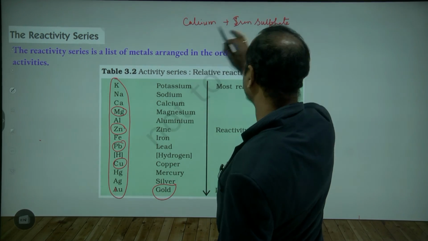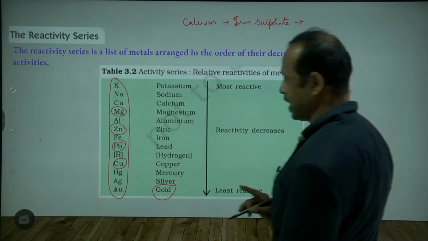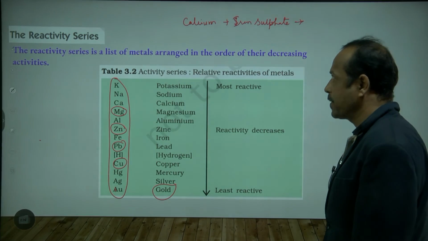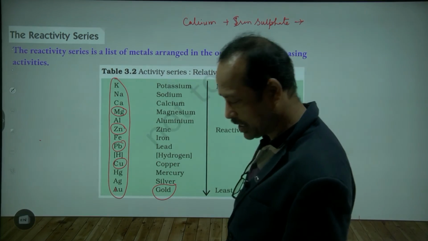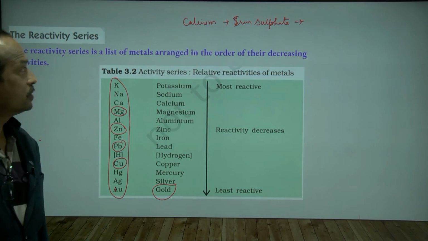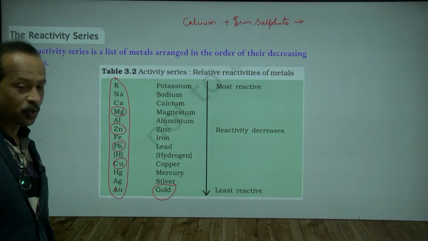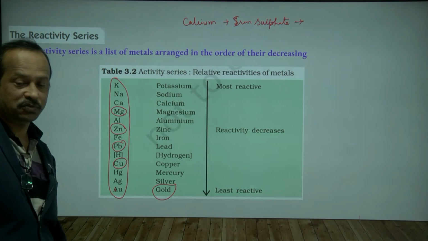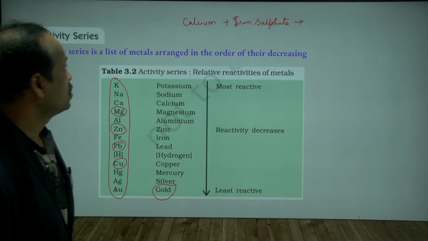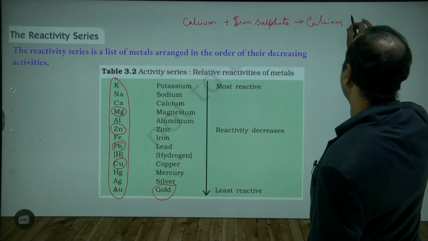First you say yes or no, then you say why, then you say what products are formed. Does the reaction take place? Yes, sir. Now you say why. Because calcium is more reactive than iron. Very good. Now what products will form? Calcium sulfate plus iron. Very good, calcium sulfate and iron.